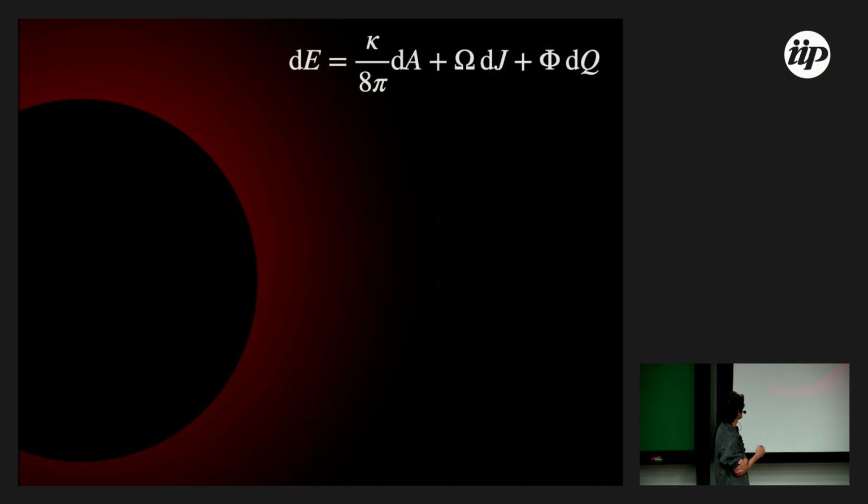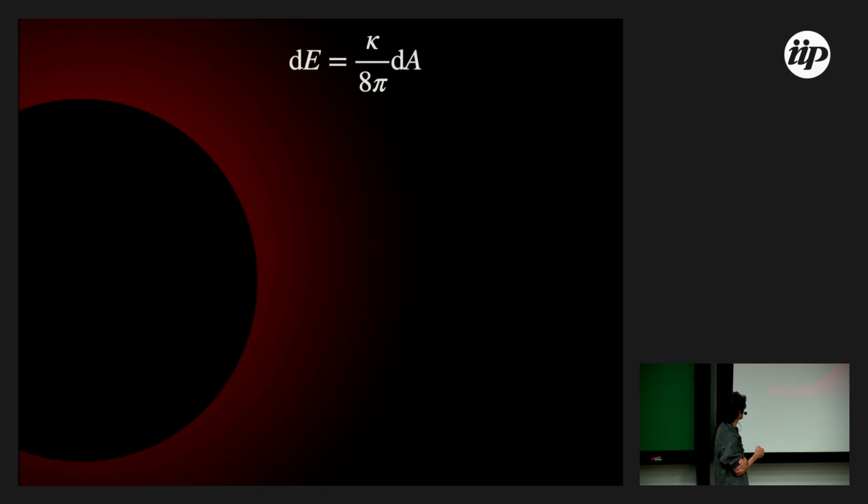You can also make it spin with an angular momentum J, and you can also put electric charge. If you ignore that, to be more simple, the relation between a small increment of energy, of mass of the black hole, and a small increment of the area is given by this.